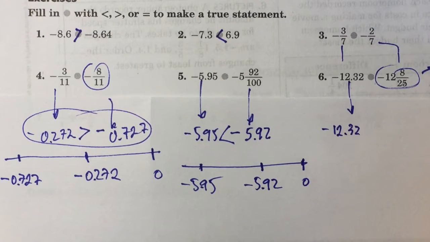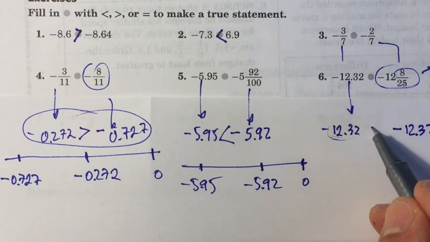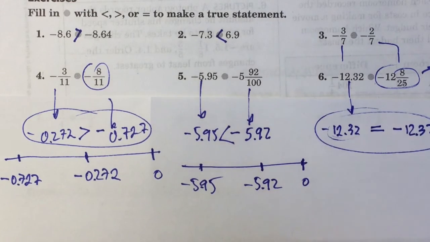So adding these two, this is going to be negative 12.32. Now I can compare this one with negative 12.32. 12.32 and 12.32. Oh, look at that. The same sign, the same absolute value, they are equal. And this is the answer for number 6.